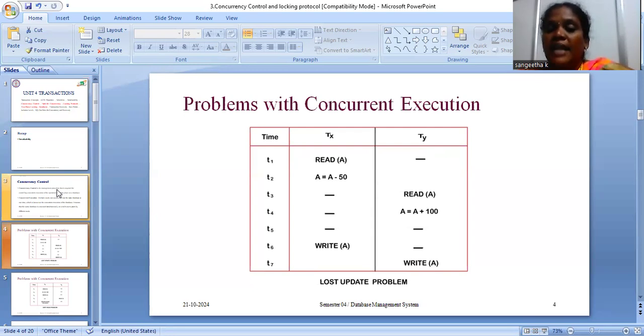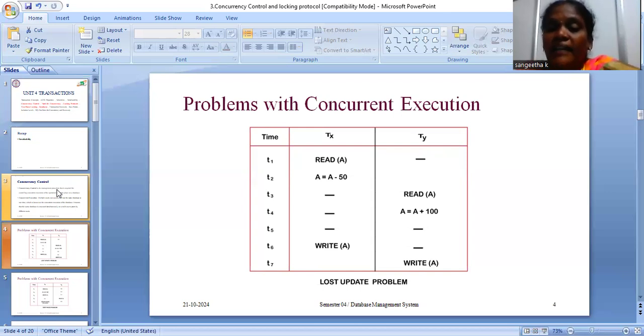Then another transaction Ty also reads the value of A and adds 100 to the existing A value, and is going to perform a write of A. Before Tx writes A, Ty is reading the value of A. Suppose initially A has the value 100. While Tx reads it, the value will be 100, so 100 minus 50 is performed, but the value is not yet updated in the database.